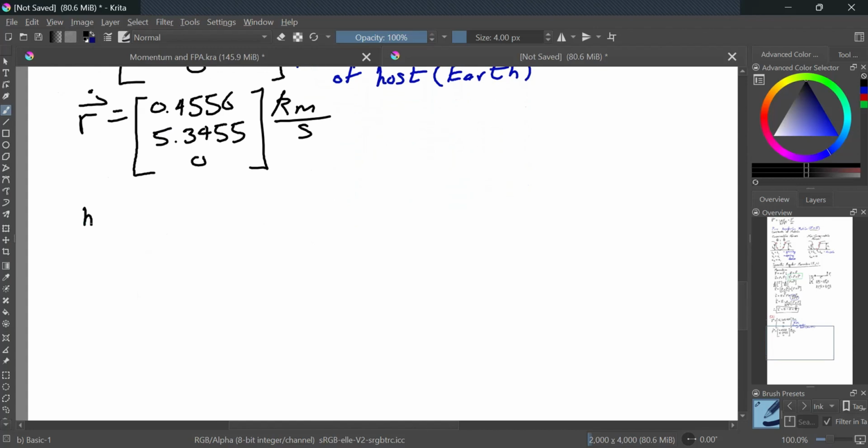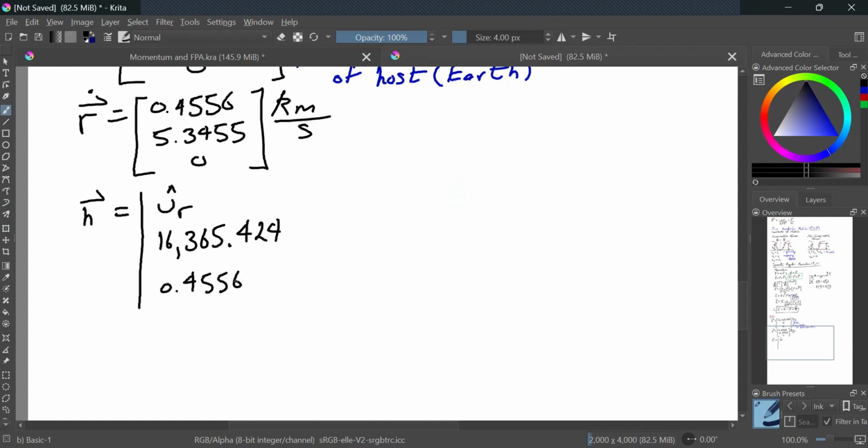Now, r, that is just 16,065.4, 0.4556. This is everything in the radial direction.